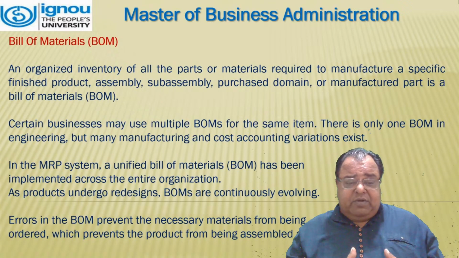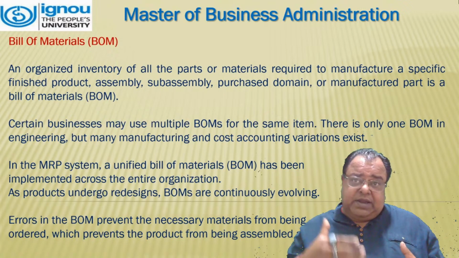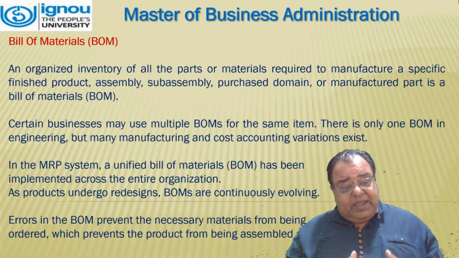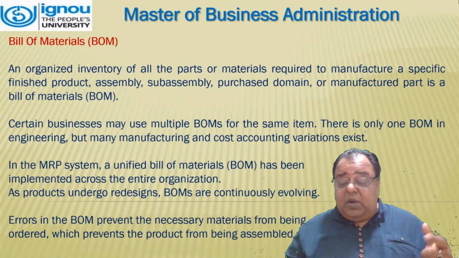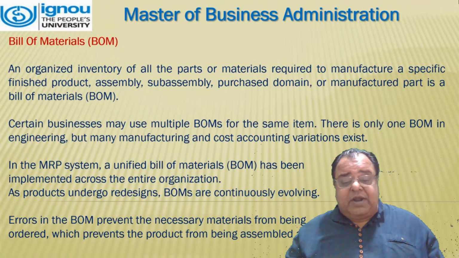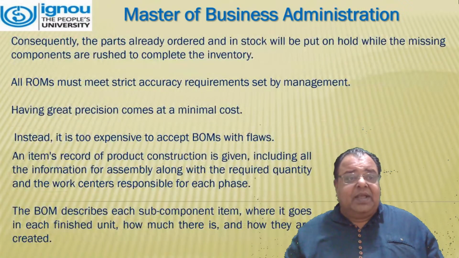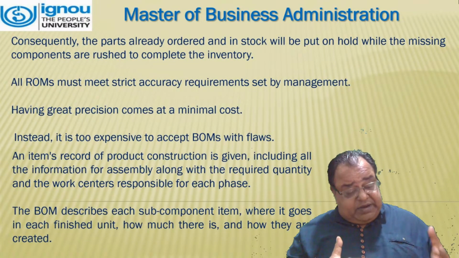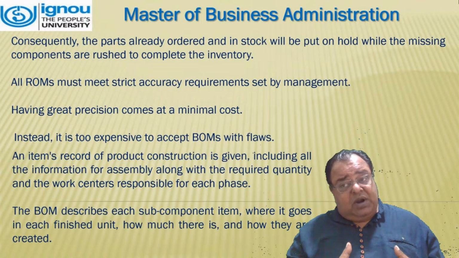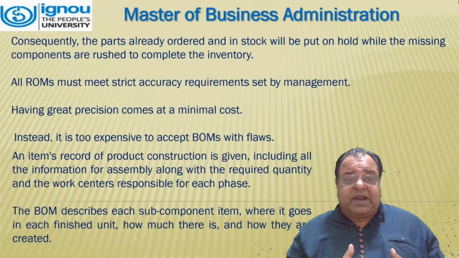As a product undergoes redesign, BOMs are continuously evolving. An error in the BOM prevents the necessary materials from being ordered, which prevents the product from being assembled and sent. Consequently, the parts already ordered and in stock will be put on hold while the missing components are rushed to complete the inventory.